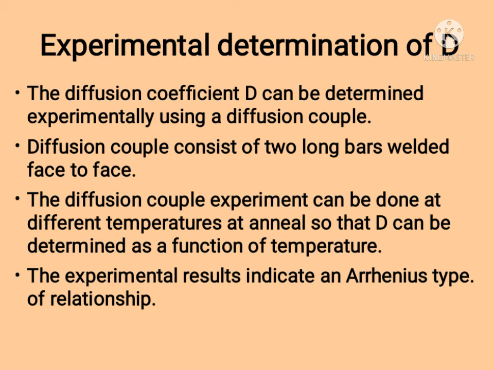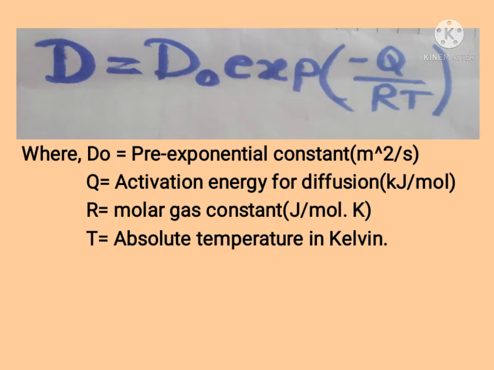This experiment is done at various temperatures so that the diffusion coefficient can be determined as a function of temperature, and is given by D = D0 exp(-Q/RT), where Q is the activation energy for diffusion. This equation of the diffusion coefficient and the equation of the error function are combinedly applied in many applications.